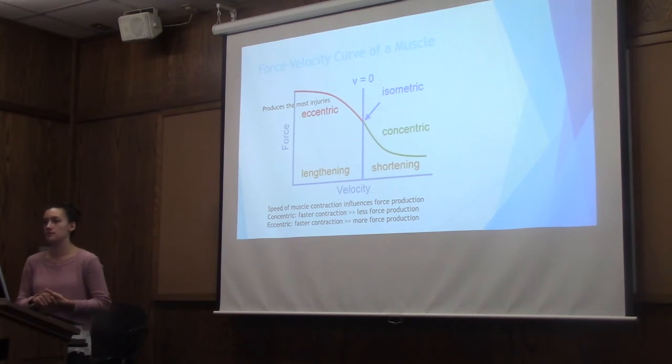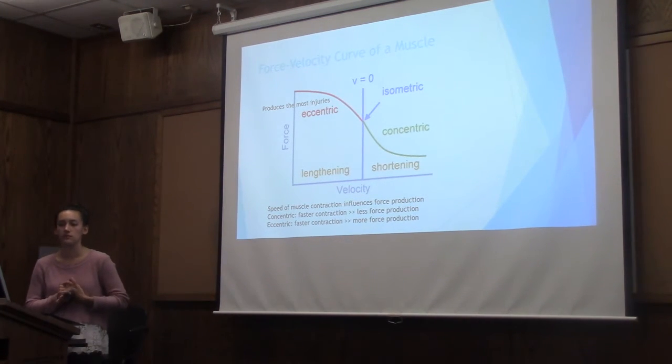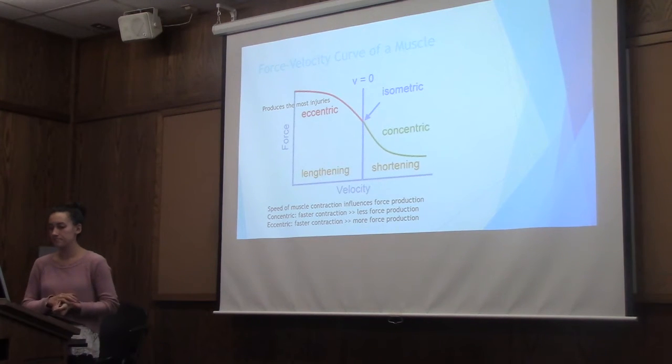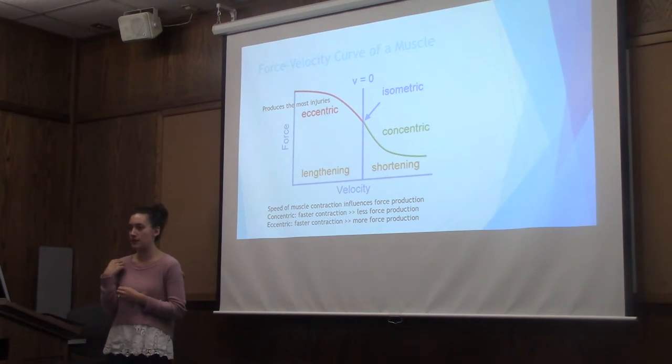Does that make sense? So technically, the faster it's going eccentrically, the higher the force. But the slower it's moving concentrically, the higher the force. Yes. Okay. So think about a bicep curl, right?